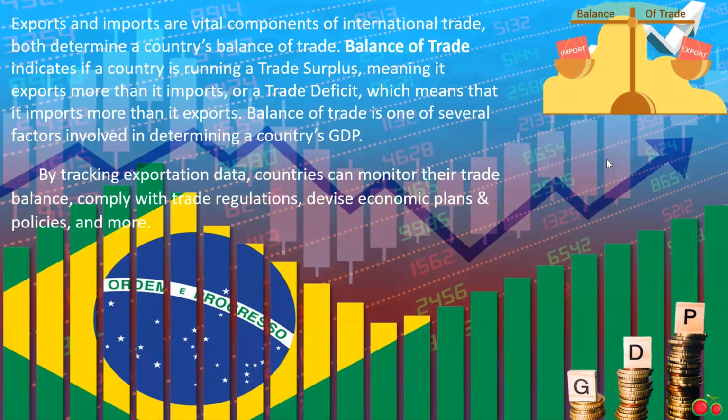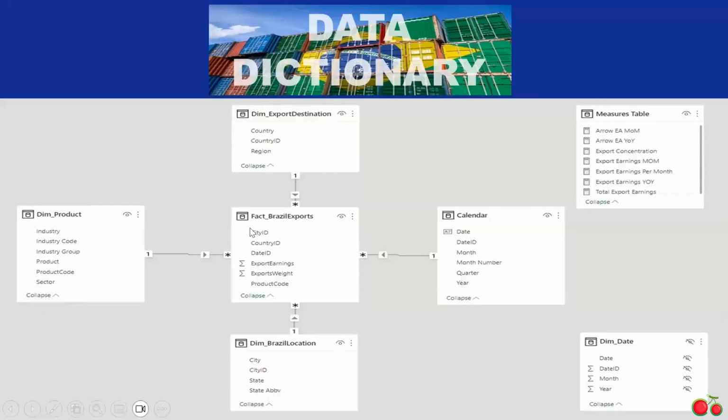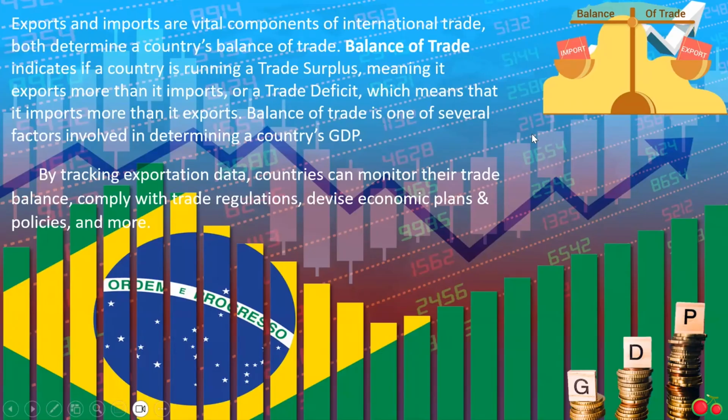So exports and imports are vital components of international trade. Both determine a country's balance of trade. Now, balance of trade indicates if a country is running a trade surplus, meaning it exports more than it imports, or a trade deficit, meaning it imports more than it exports.